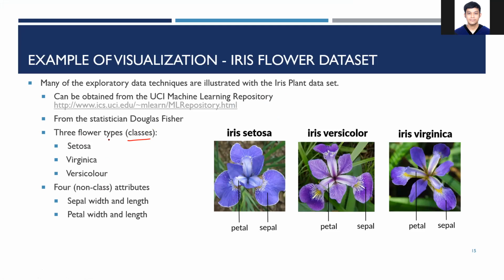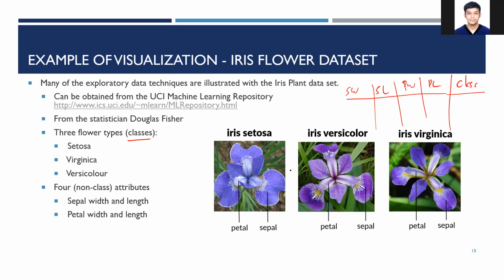Besides the class, they have 4 attributes, which are sepal width, sepal length, petal width, and petal length. And of course they also have the class, so in total they have 5 attributes, one of which is the class.